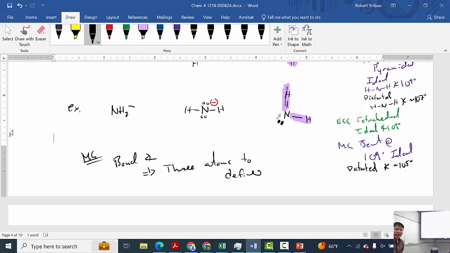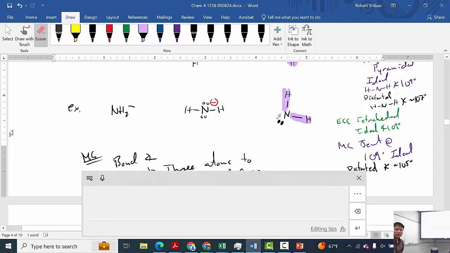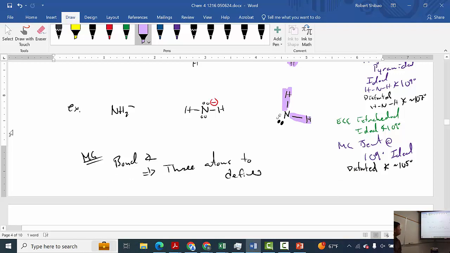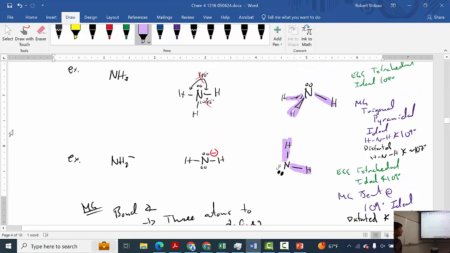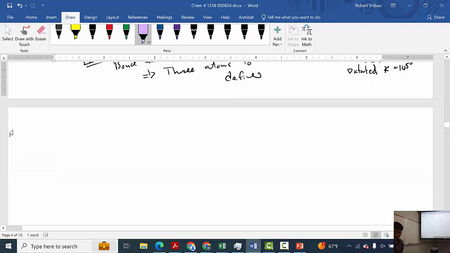We need 3 atoms to define. And so there's only one bond angle here because there's only these 3 atoms, hydrogen, nitrogen, and hydrogen. All right, so that was the last of the scenarios there.